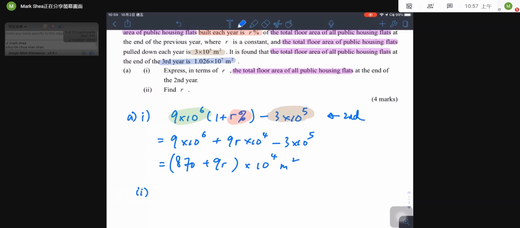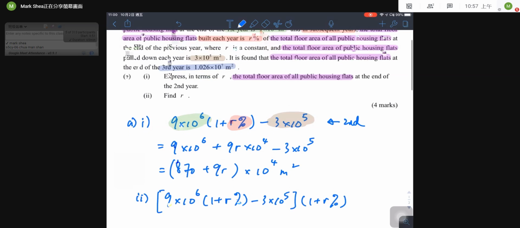So what is the area in the third year? We have that one in the second year. This is the area at the end of the second year, and then we need to times 1 plus R%, and also minus 3 times 10 to the power 5.